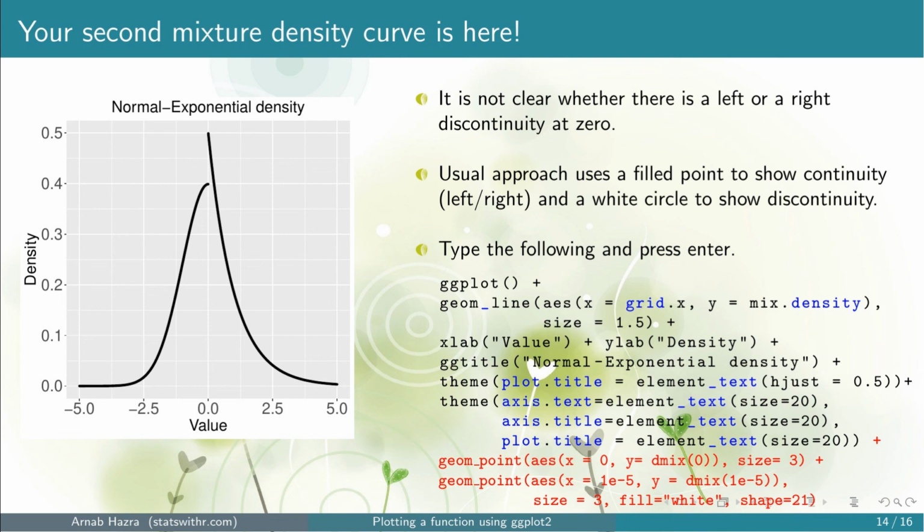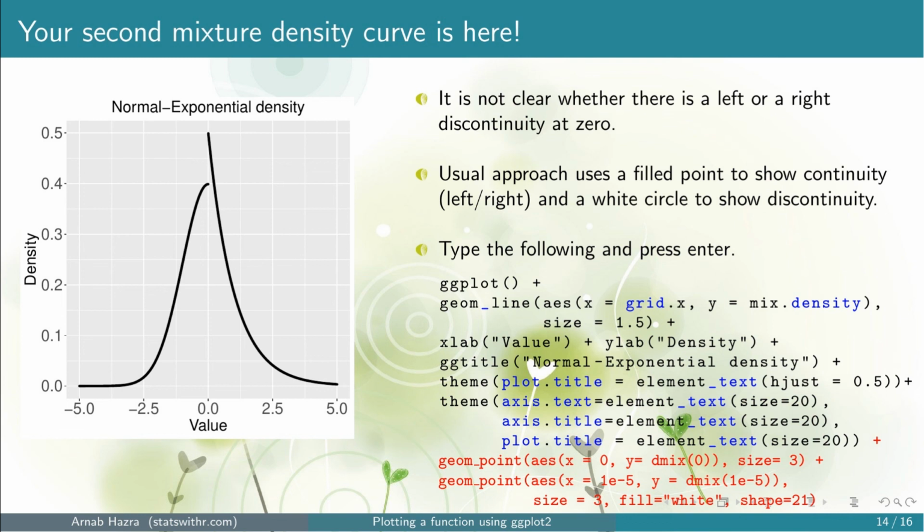In the code, we add geom_point within aesthetics x equals 1e-5, y equals dmix at 1e-5, and outside aesthetics size equals 3, similar to the other case. Shape equals 21. This creates a blank circle and fills the interior of that circle using the color white through the argument fill equals white.